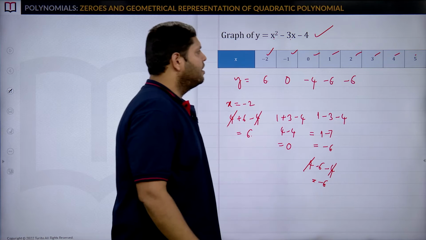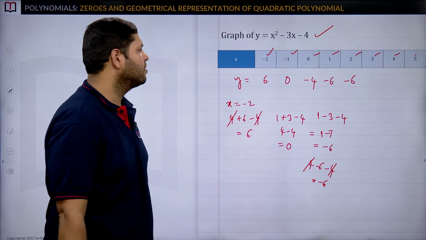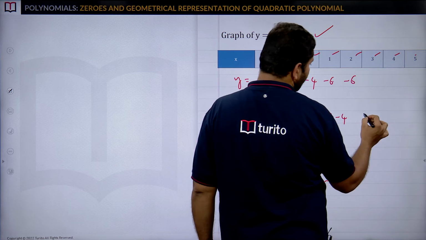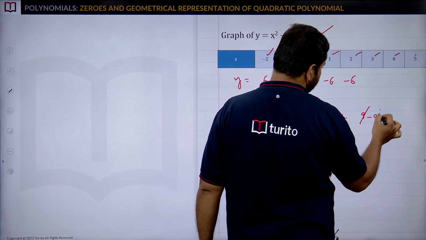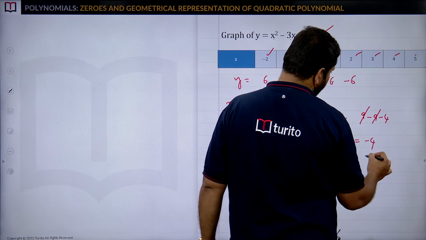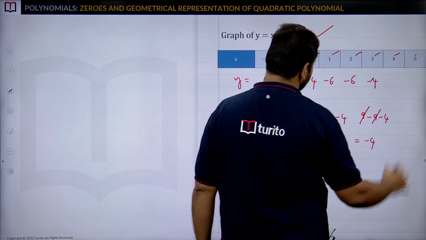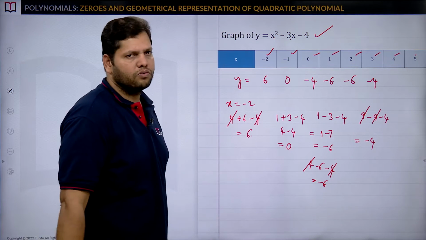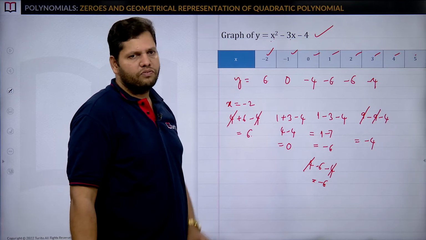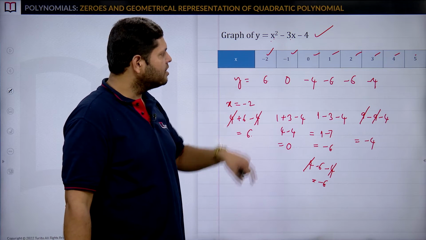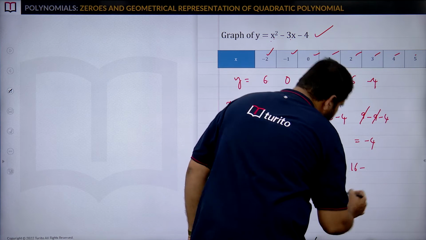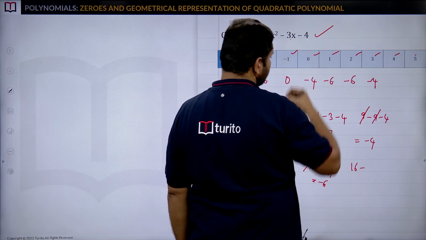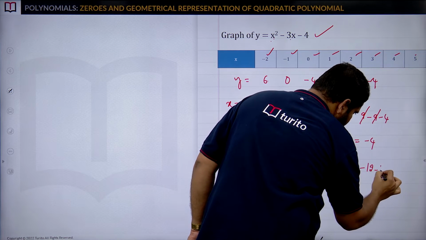Next one, children, x is equal to 3. What is the value? This is 9 and minus 9 and minus 4. So, plus 9 minus 9 cancel. The answer is equal to minus 4. Next, x is 4. 4 square is 16 and minus 3 into 4 is minus 12, and minus 4.